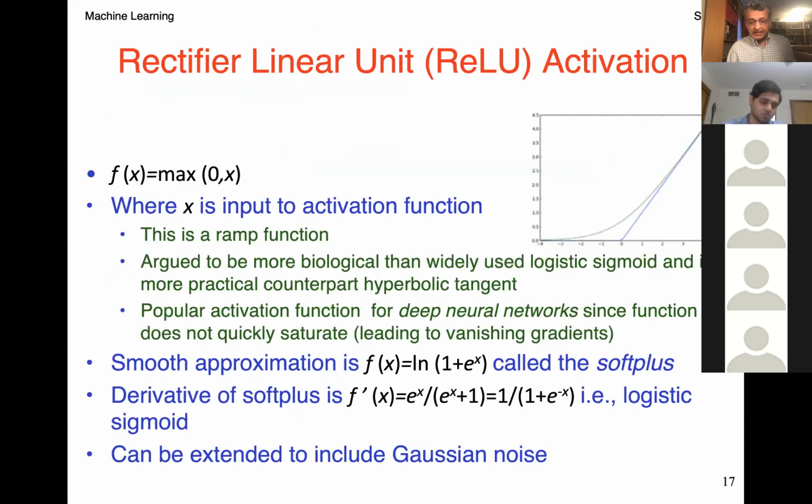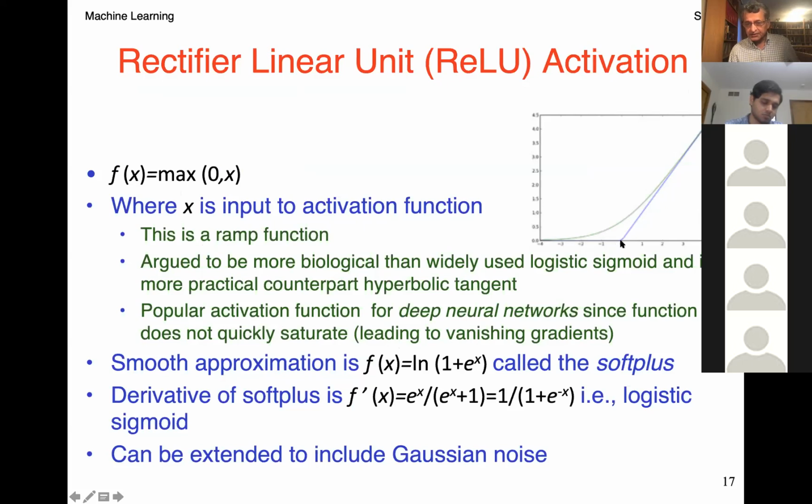This is the surprising emergence, in the last maybe 5 to 7 years, of the rectified linear unit, f of x equal to max of 0 and x, where x is the input. That function looks like this black function here.